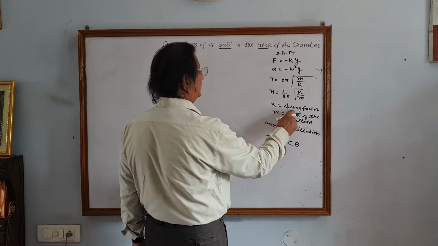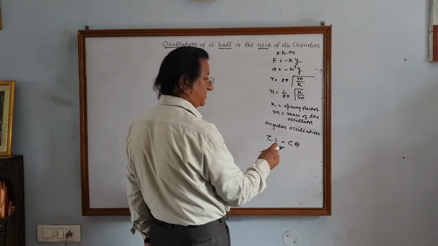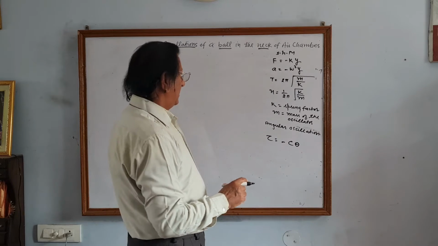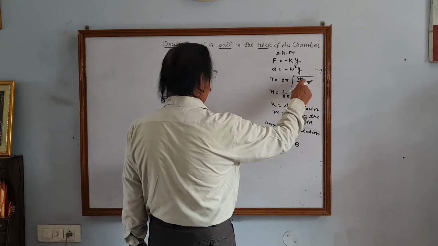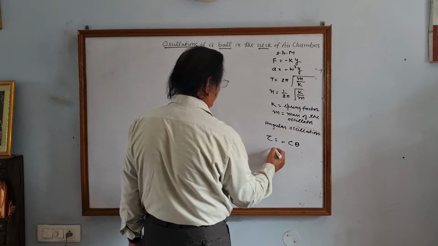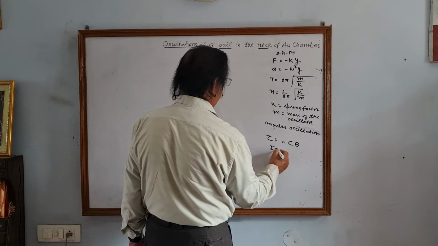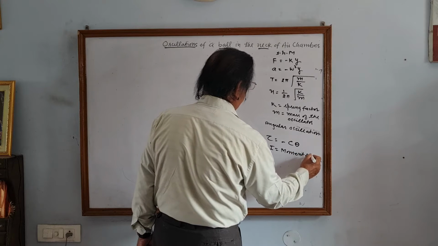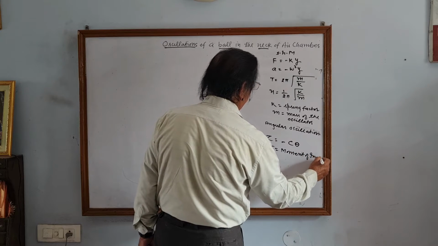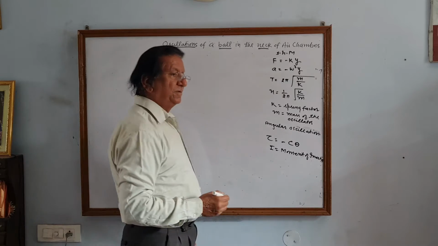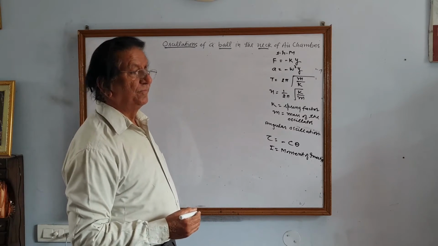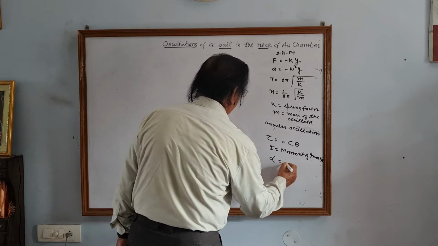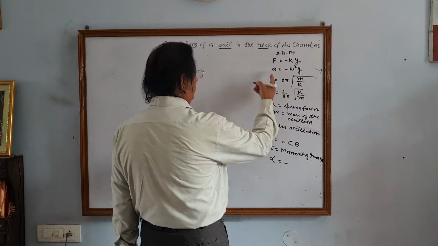Then what will be the C? As you have K as spring factor, here C will be the spring factor. And here instead of mass of the oscillator you will take the moment of inertia of the oscillator. Then there will be angular acceleration.